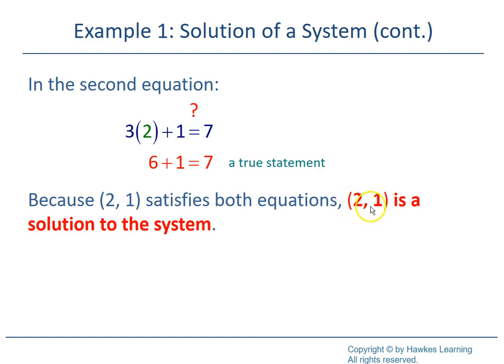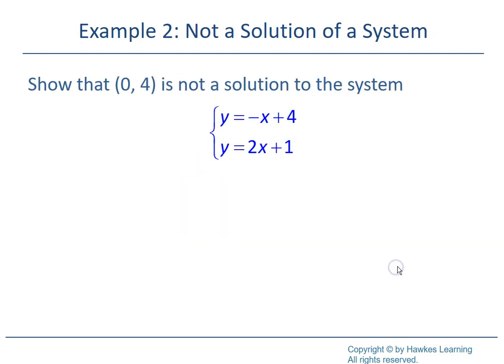So (2, 1) is a solution to those original equations that we had. Now here we're asked to show that this ordered pair is not a solution. So we're going to do the same thing.